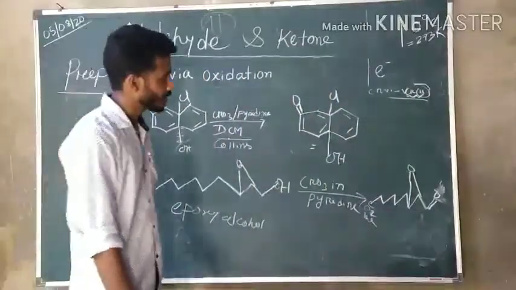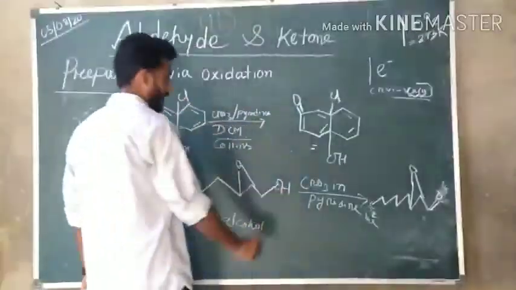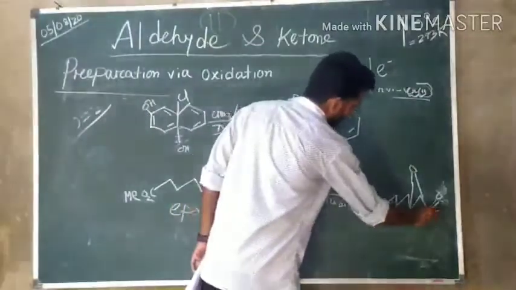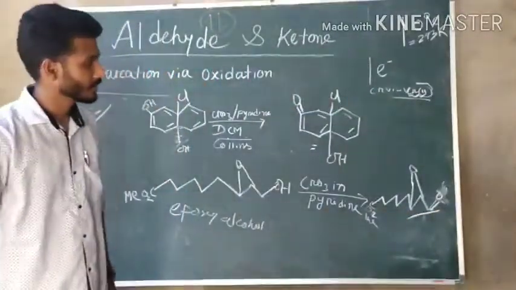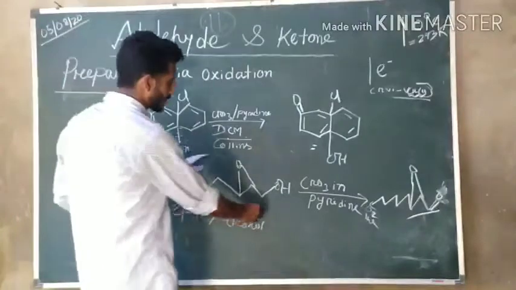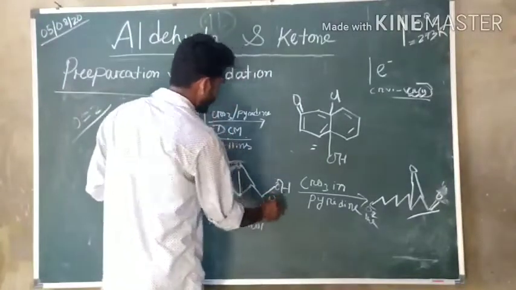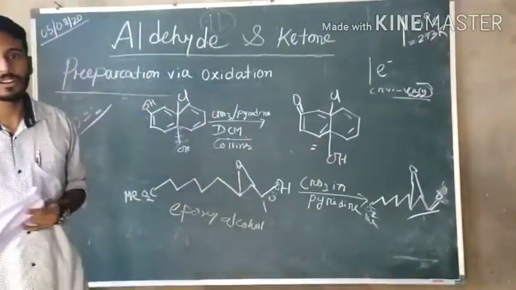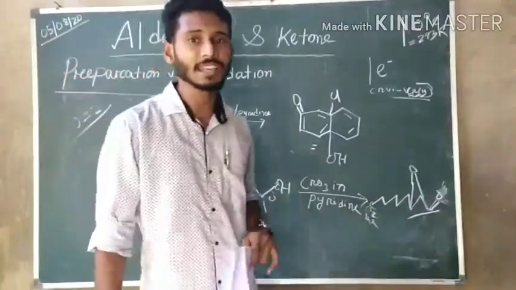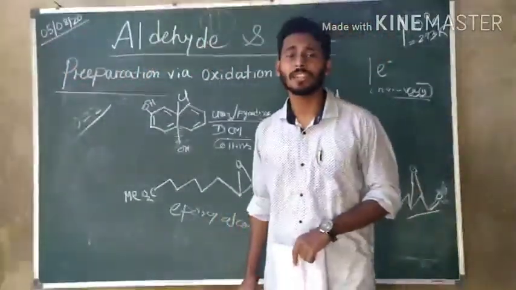Okay, this is the primary alcohol. Don't forget this. Primary alcohol will be converted into aldehyde, and secondary alcohol will be converted into ketone.